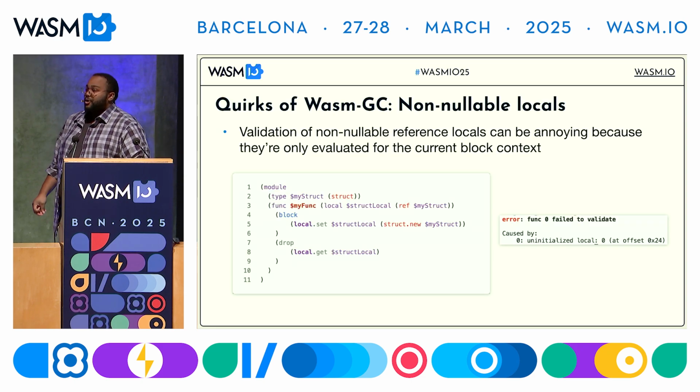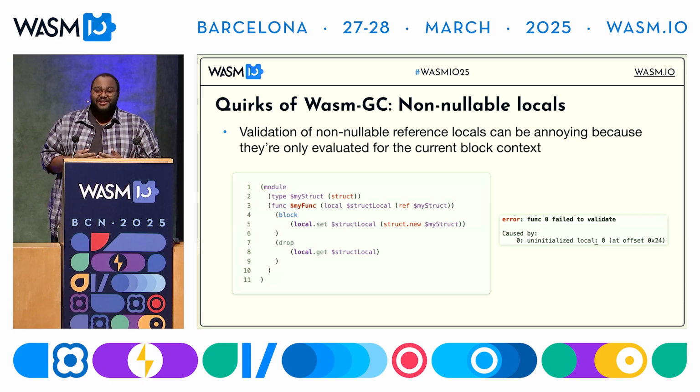Now, I want to talk about some of the quirks of Wasm GC, particularly if you're trying to compile to it. The first is non-nullable locals. So in WebAssembly up until now, let's say you had a local that was an i32. If you attempt to read that local before you set it, you just get back 0. Great, awesome, well-defined behavior.